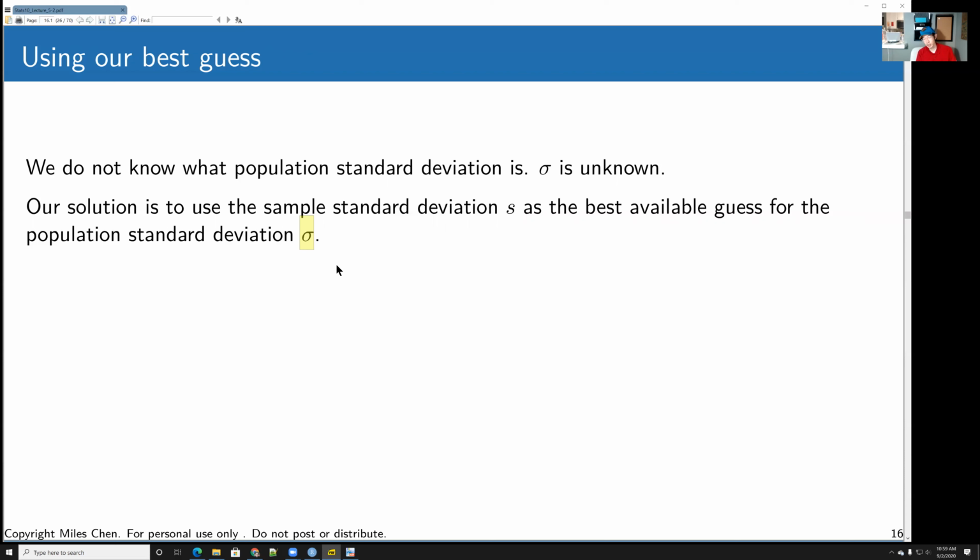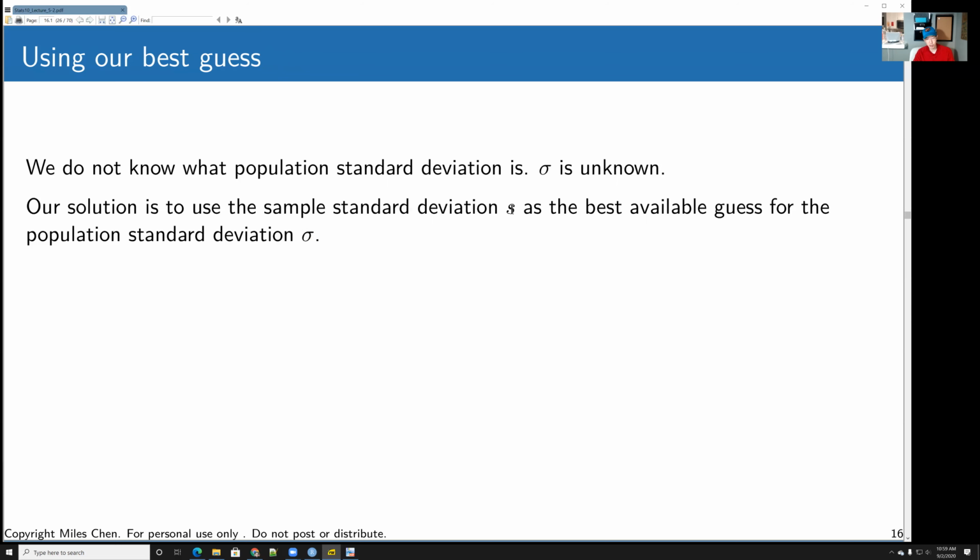I don't know exactly what that is, and so as an estimate of it, I'm going to use the standard deviation of my sample. The idea here is that your sample, because it was randomly selected, is somewhat representative of the population. Now, it might be, it might not be, but we're hoping that our sample is representative of our population, and therefore the standard deviation that I get from my sample is somewhat similar to the standard deviation of the population.